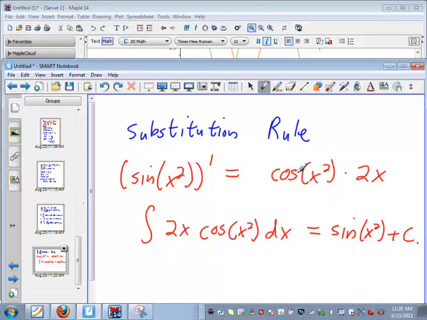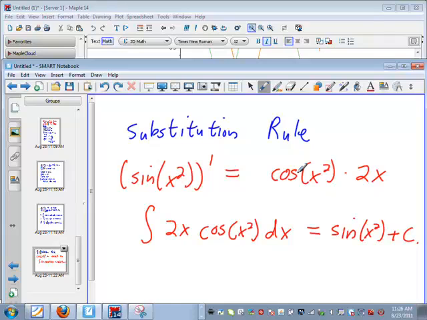Is this a substitution rule problem? Because the substitution rule is matched with the chain rule, we have to ask ourselves, is the derivative of some other function in this problem? The reason we knew this was a substitution problem is because 2x is the derivative of x squared.